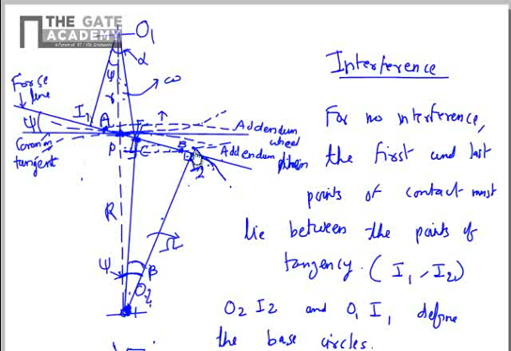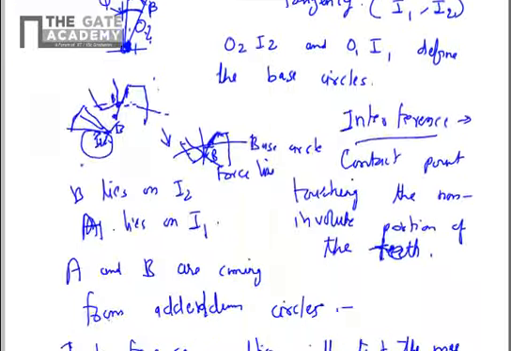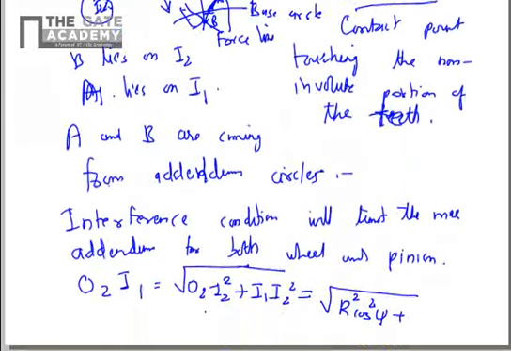And similarly I2P will be equal to capital R sin xi from the triangle O2 P I2. So we will substitute the values here: the square of small r sin xi plus capital R sin xi.